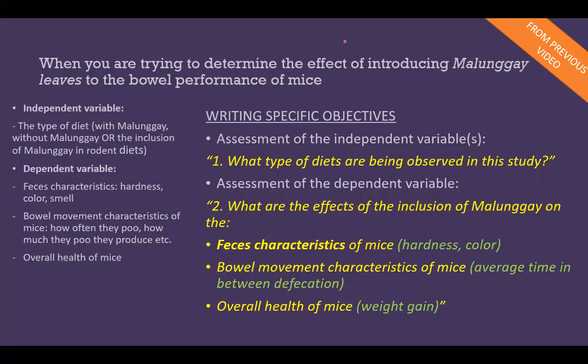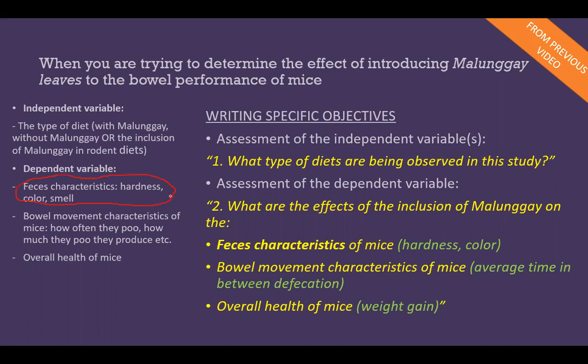Let's look at this second example. You are trying to determine the effect of introducing malunggay leaves on the bowel performance of mice. Since we have a dependent variable, right? Feces characteristics: hardness, color, smell. Most of these are qualitative.